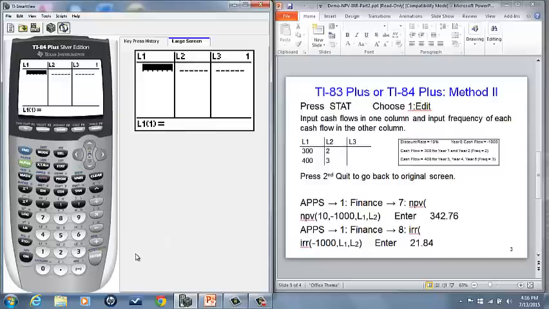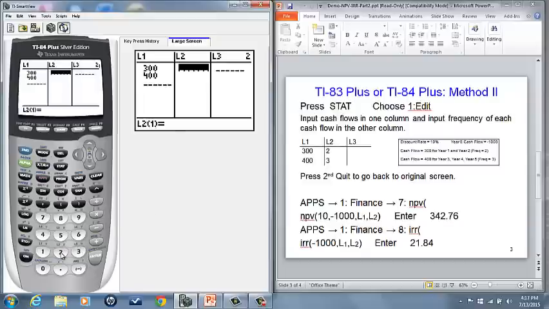In L1 we input 300 first, enter, and then 400, enter. Then in the L2 list, we input the frequency of each cash flow. This 300 occurs for 2 consecutive years, year 1 and year 2. Therefore, the frequency of 300 equals 2.